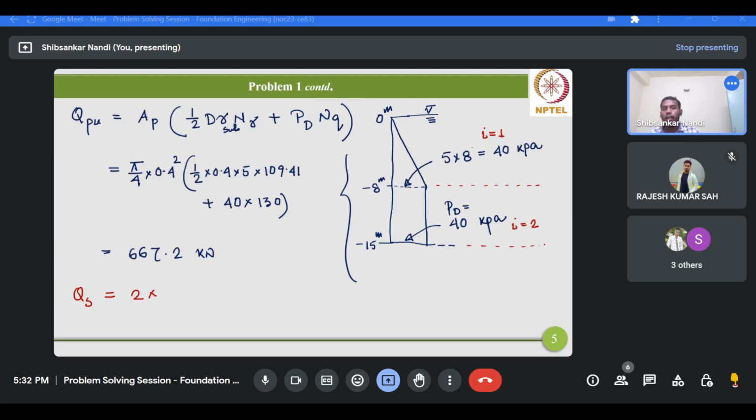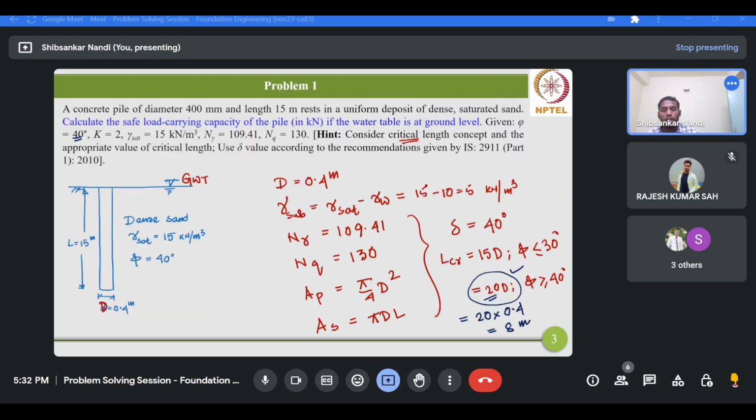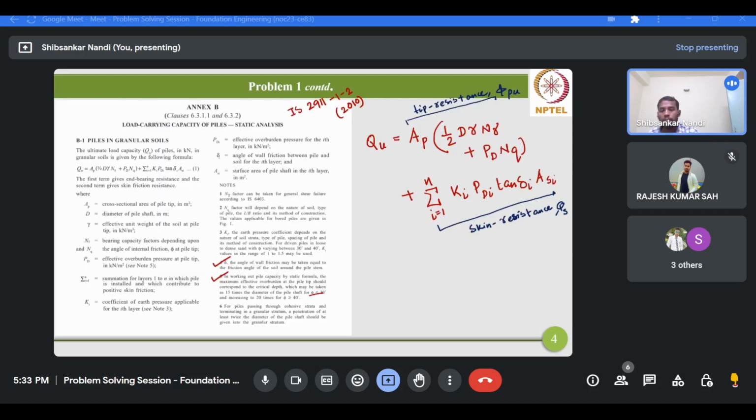PDi is the average of the effective overburden pressure corresponding to the ith layer. For i equals 1, the average is 0 plus 40 divided by 2, since it is 0 at the top and 40 at the bottom of this layer. Then tan delta i. Delta we have calculated as 40 degrees for the given problem.